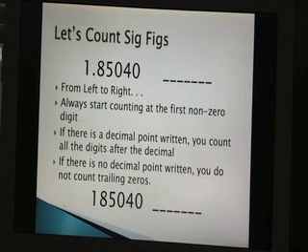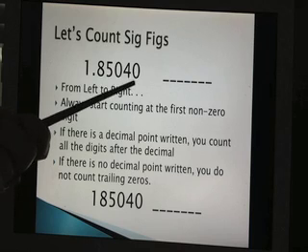So let's look at this number here, 1.85040. We start counting from left to right. The 1 is significant, the 8, the 5. This is not a trailing 0. I like to call it a sandwich 0 because it's stuck between two digits. So we are always going to count a sandwich 0. The 4, we will count that, but this trailing 0, we will not count.